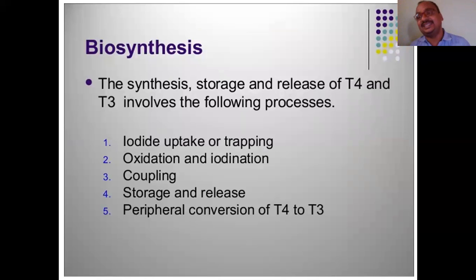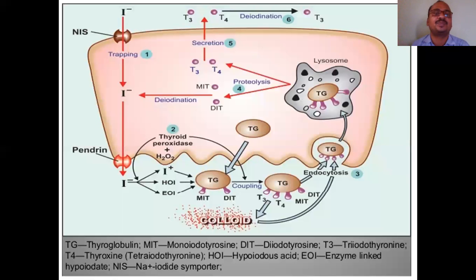Number two, oxidation and iodination. Three is coupling. Fourth is storage and release. And fifth, peripheral conversion of T4 to T3, meaning conversion at the periphery.